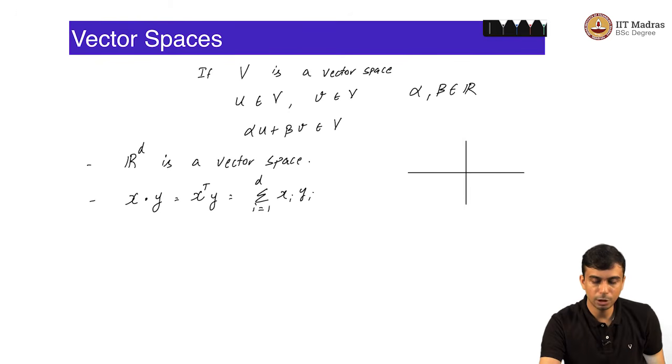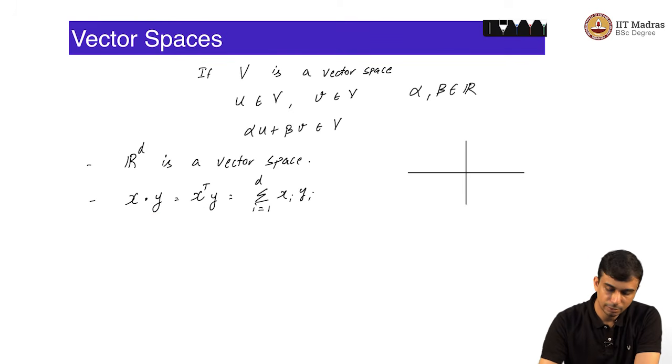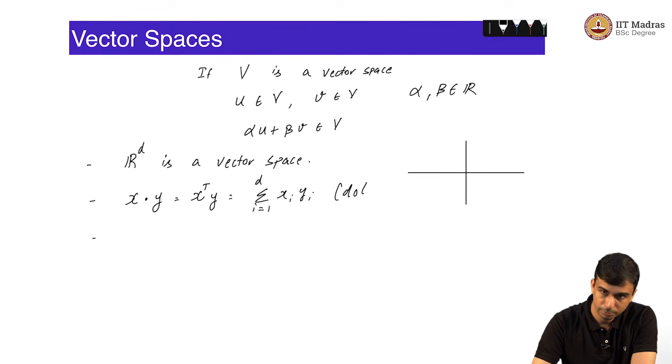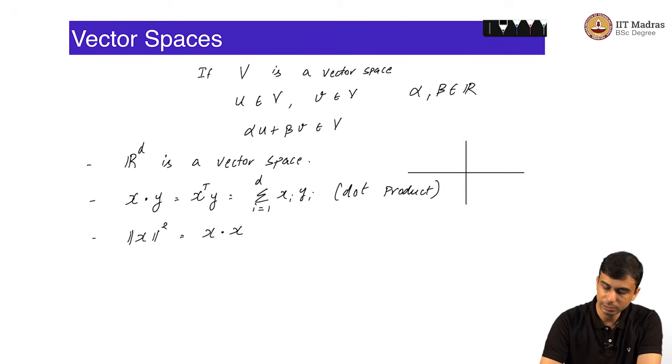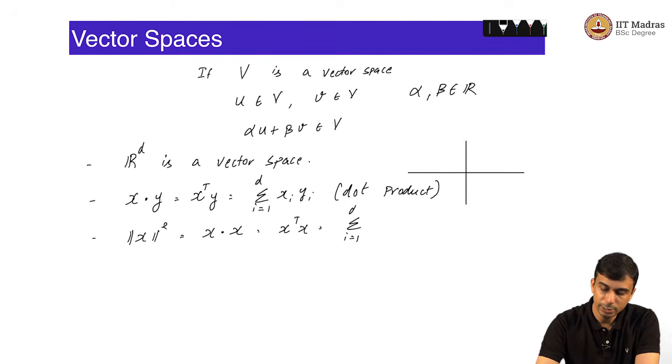This is the dot product of two vectors in the vector space. The norm of a vector squared is simply given by x dot x, or x transpose x, which is simply the sum over i equal to 1 to d of x_i squared.